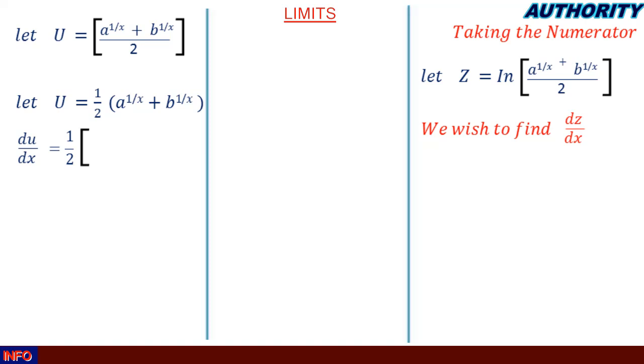Let's differentiate a raised to the power of 1/x first. We are going to say let p be this a raised to the power of 1/x. We want to differentiate it now. So we are going to find dp/dx, the derivative of p with respect to x.